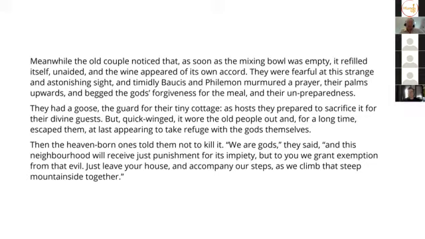There's a beautiful bit of Latin, but it also tells us quite a bit about Roman attitudes, or some Roman attitudes to gods.